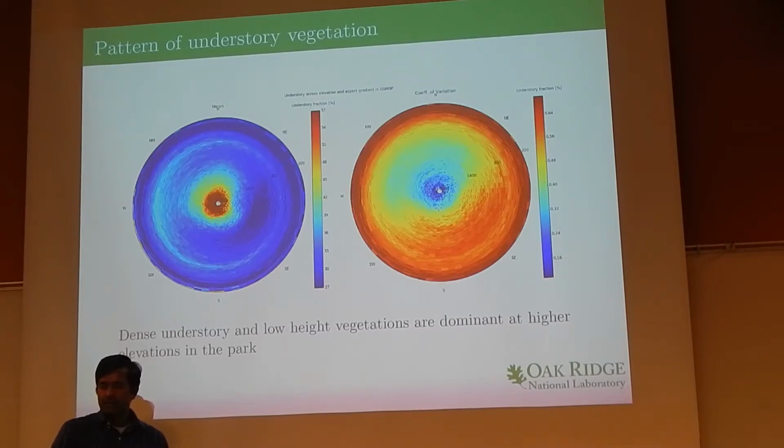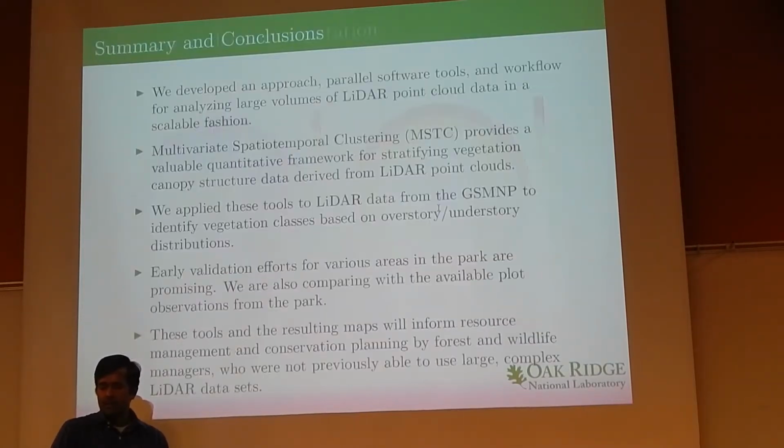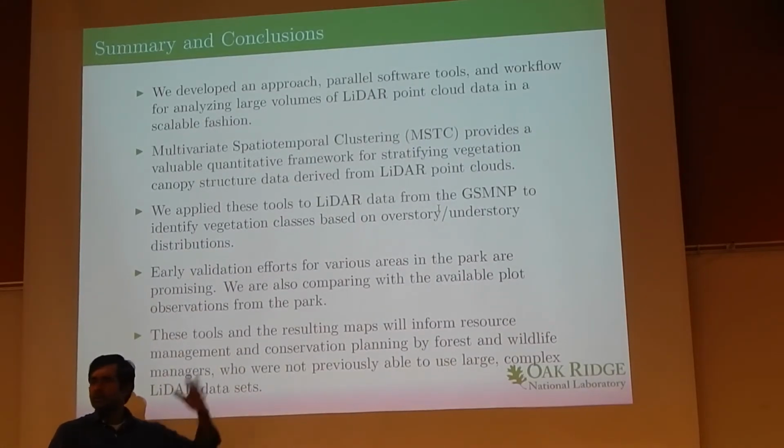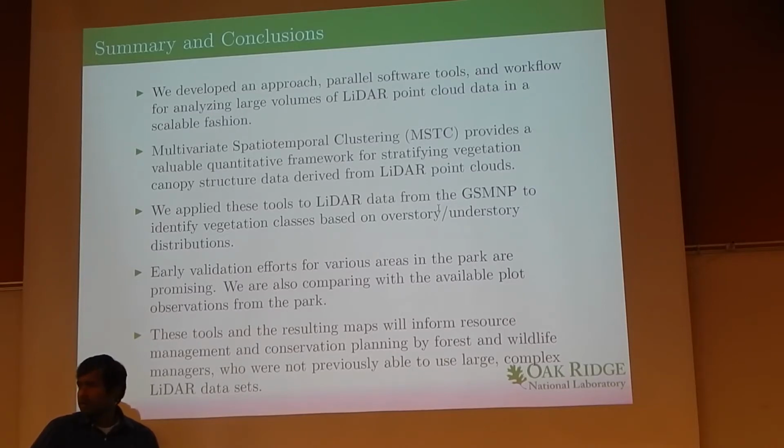We can look at our understory vegetation, and combined, just to summarize, we've done this work to take these high resolution datasets and see what kind of ecological understanding we can get from them. What can we learn from the detailed LiDAR data that we have available to us?